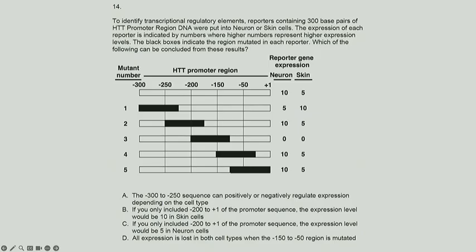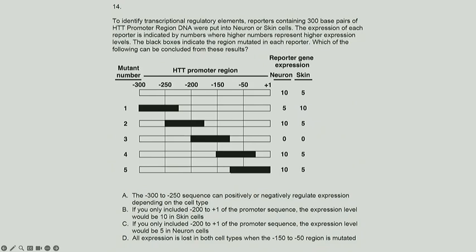Yeah, so for B and C, right, I'm basing it off the fact that when you mutagenize the minus 300 to minus 250, you get a change in expression to 5 in neuron, 10 in skin, right? And then when you mutagenize the next region, the minus 250 to a little bit more than the minus 200, you get no change. You actually go back to the original, right? That tells you that the only thing that's affecting expression in the whole minus 200 to minus 300 region is that early element that flipped that.